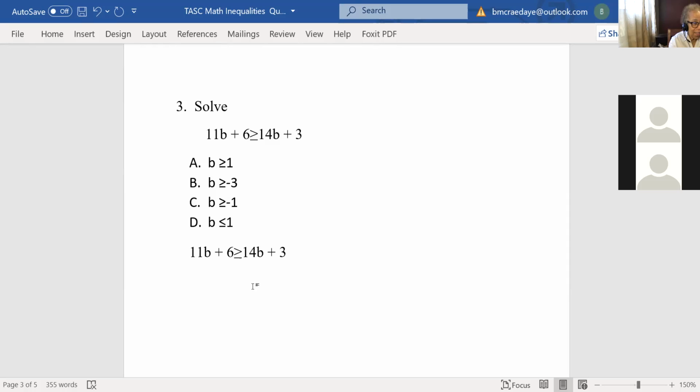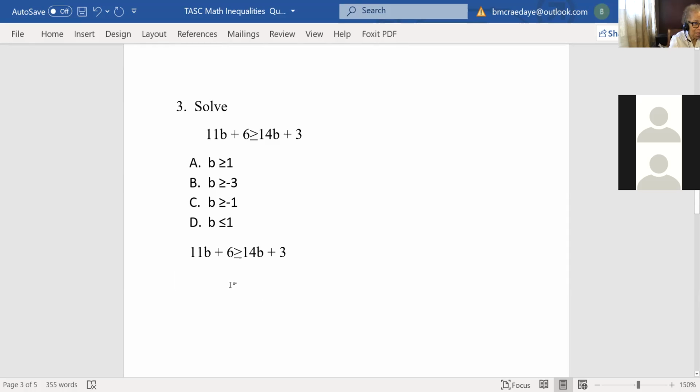So use 11B first. Now the operation that you see here, Maureen, is what? Addition. So you have addition, so therefore you have to subtract. That's right. So what would you subtract?